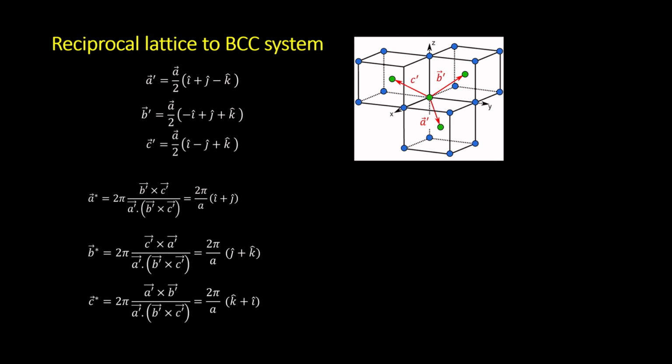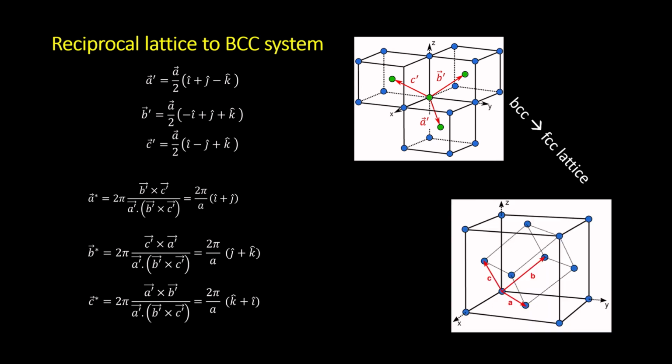Similarly, we get B star as 2 pi by A into j plus k and C star equal to 2 pi by A into k plus i. These reciprocal lattice vectors are the primitive vectors of a face-centered cubic lattice. Thus, you can say that the FCC lattice is the reciprocal lattice of the BCC lattice.